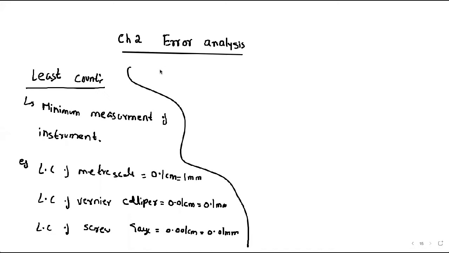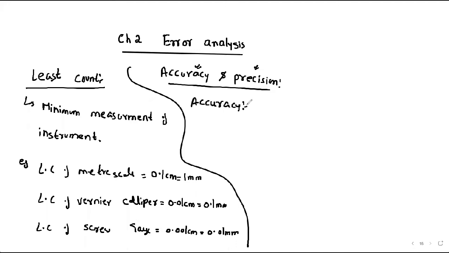After least count, the next thing is accuracy and precision. So these are two definitions. One is accuracy and the other is precision. See, it measures the closeness of your measured value with the true value.